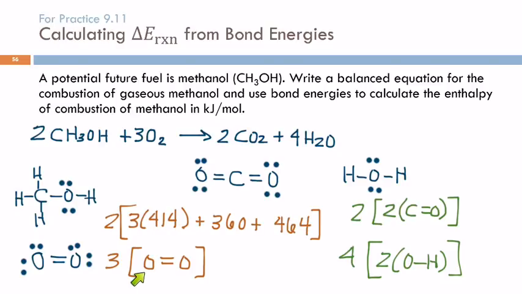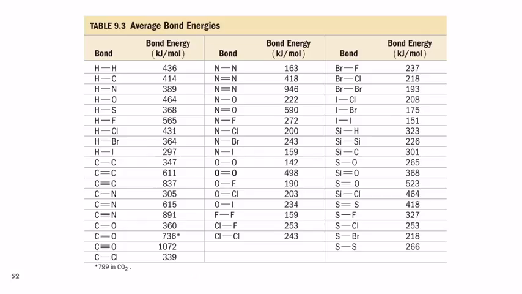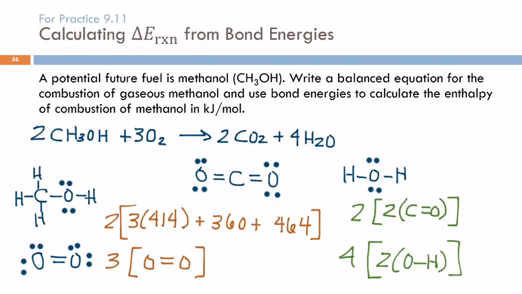And then I need oxygen-oxygen double bond. Okay, and there it is, oxygen-oxygen double bond, 498. Now, doing this on paper, you probably want to just copy it down, not erase like I'm doing, but I don't have enough space for that.